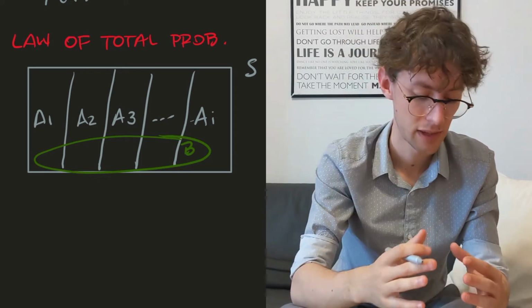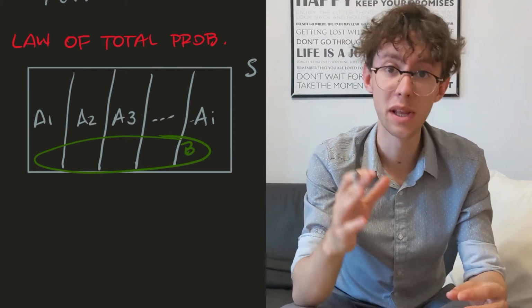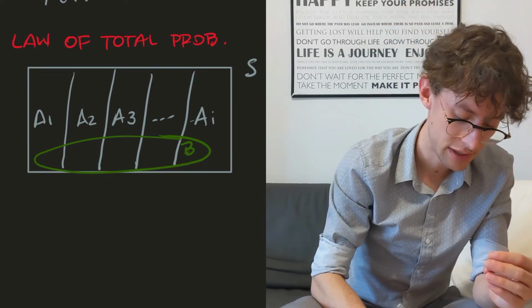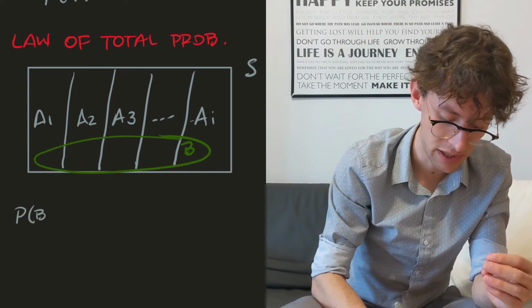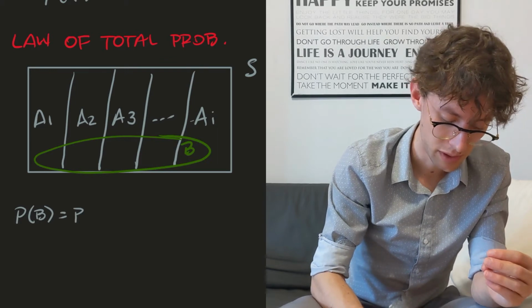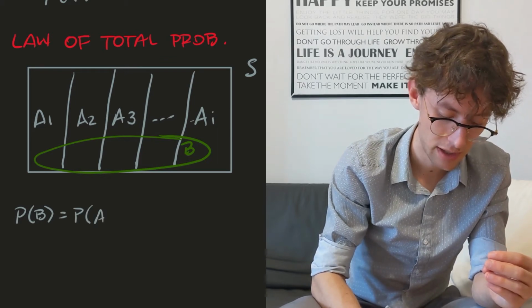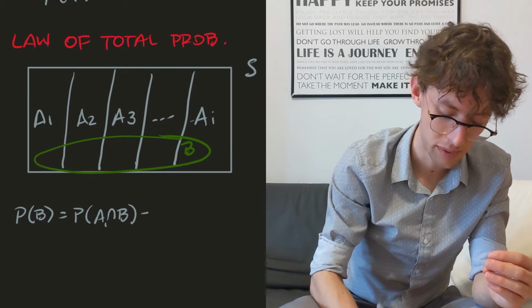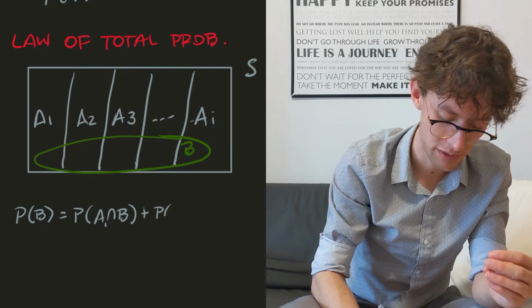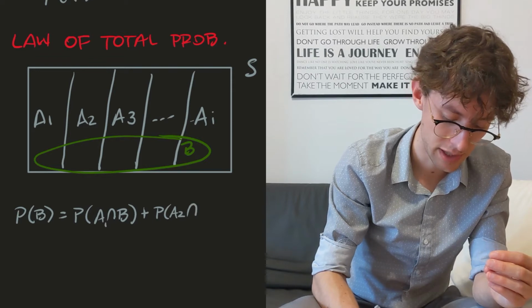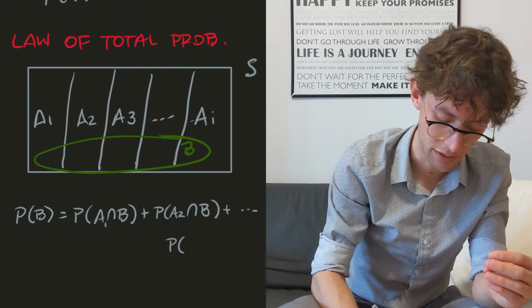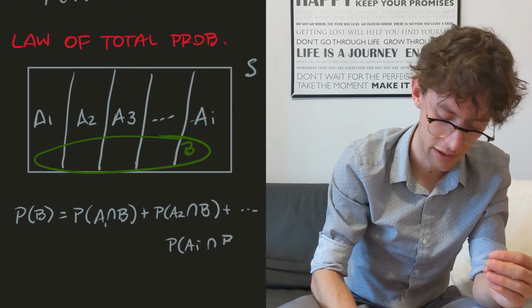Now, what is the probability of B? The law of total probability states that the probability of B will be equal to the probability of A1 intersect B plus the probability of A2 intersect B plus all the way to the probability of AI intersect B.